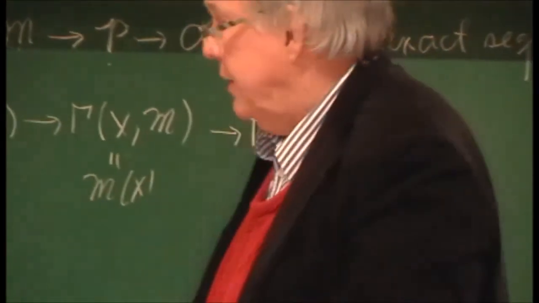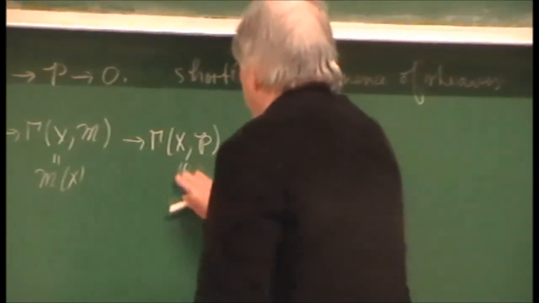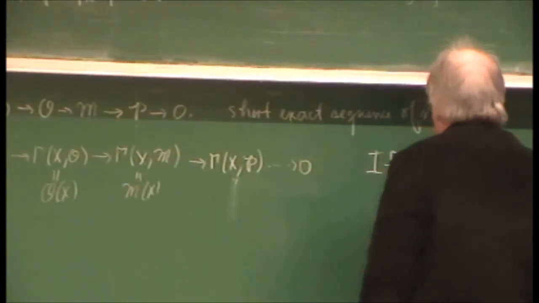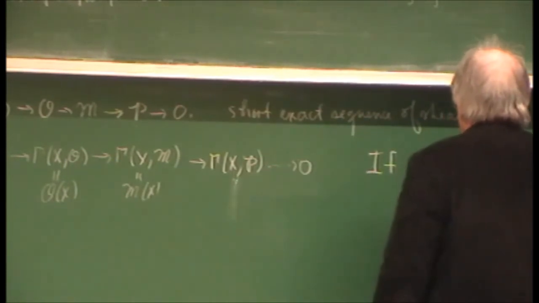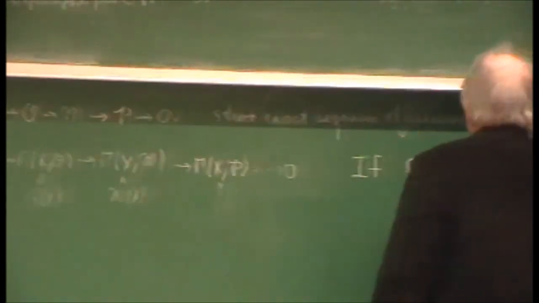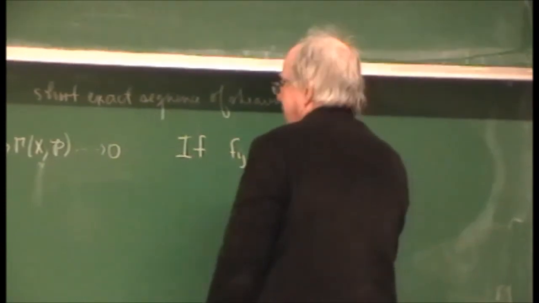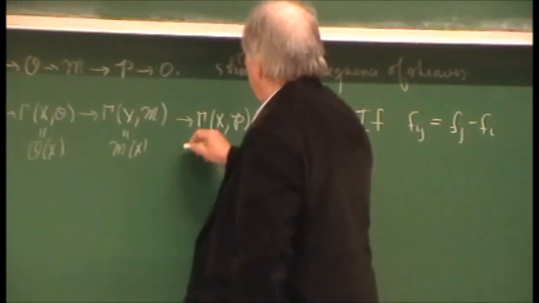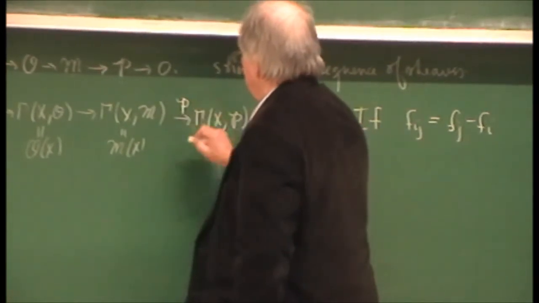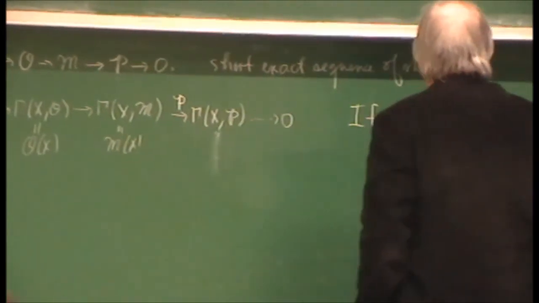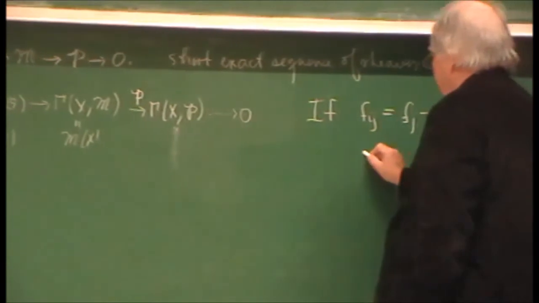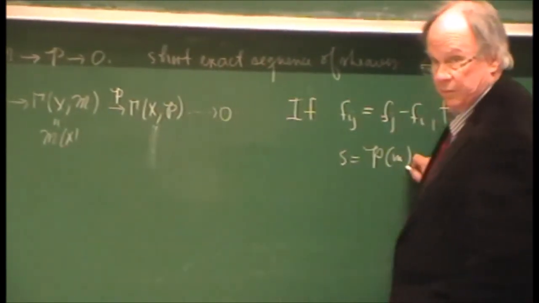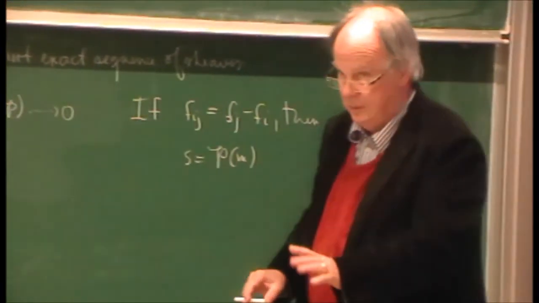So let's just say if Fij equals Fj minus Fi, let's call this map script P. Then S equals script P of n, or some n. And this is purely formal.